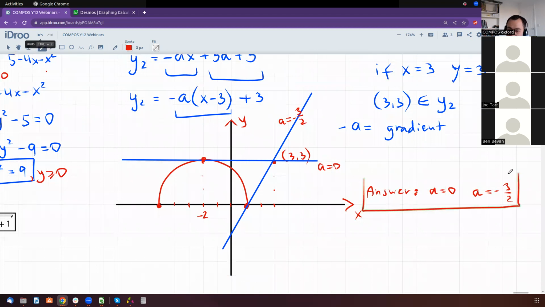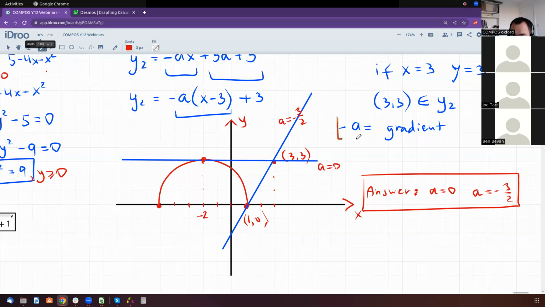Okay, how well do you understand this problem? How did I do it? Well, I found the gradient of this line. So this is 1, 0. This is 3, 3. I just calculated the gradient as rise over run, 3 on 2.